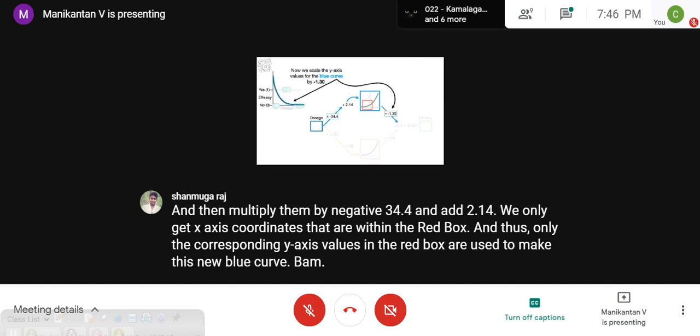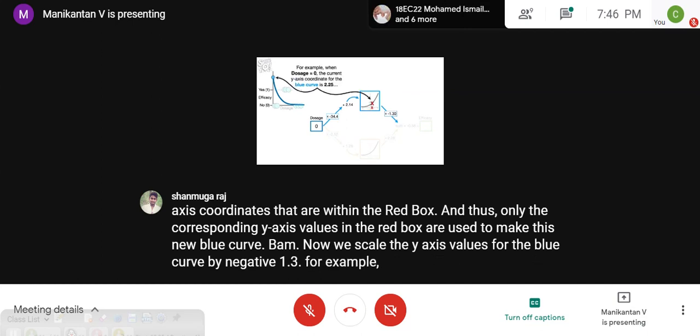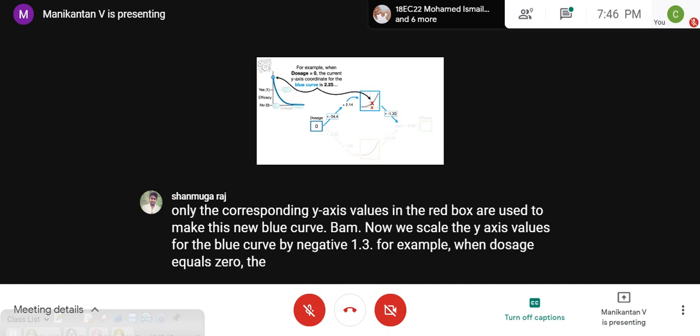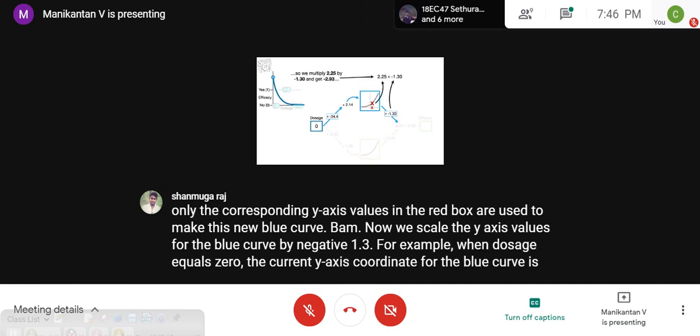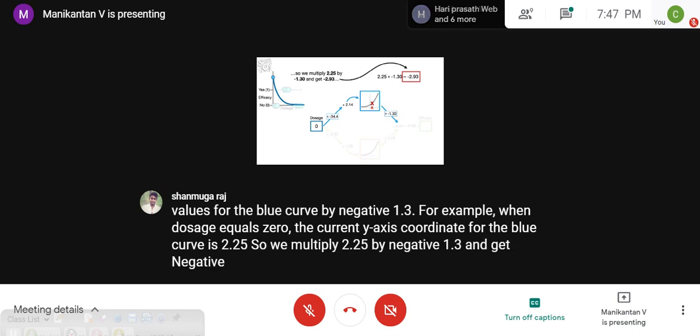Bam. Now we scale the y-axis values for the blue curve by -1.3. For example, when dosage equals 0, the current y-axis coordinate for the blue curve is 2.25. So we multiply 2.25 by negative 1.3 and get negative 2.93.